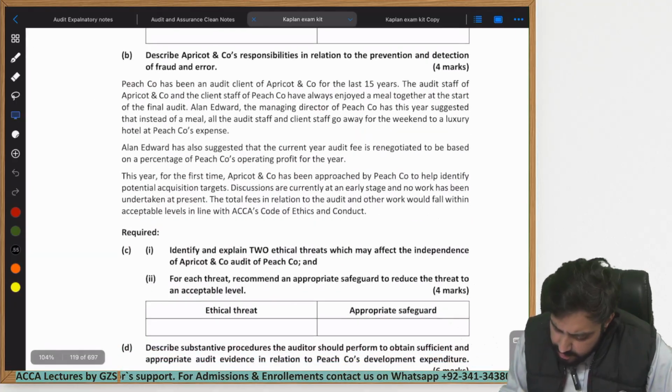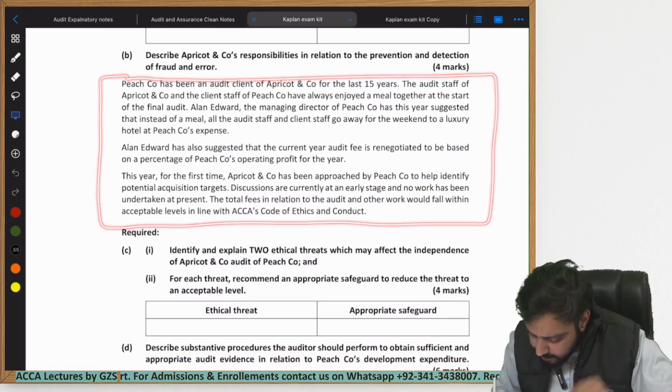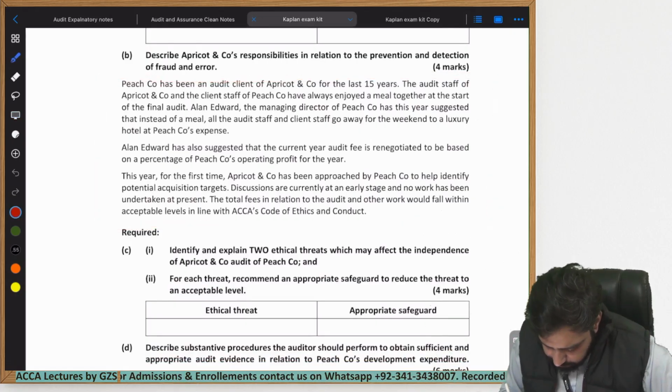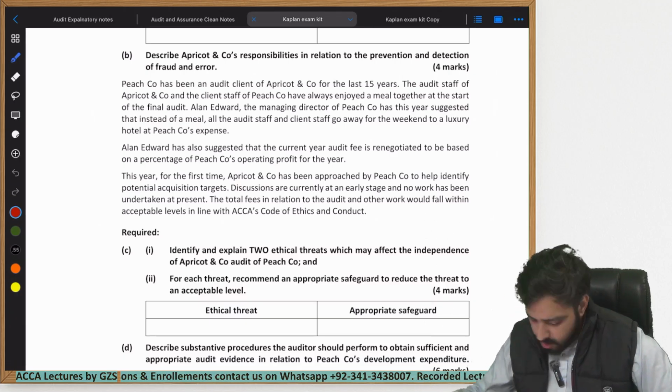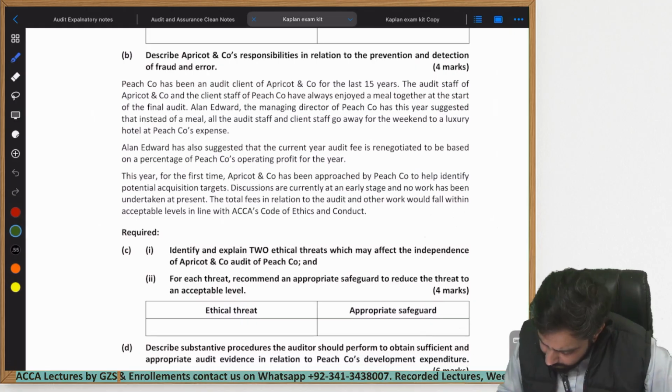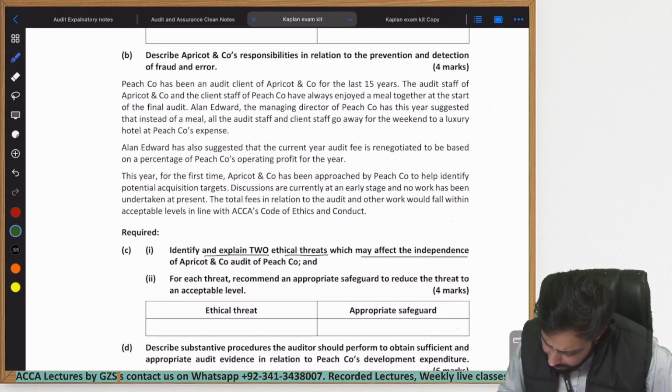Hence, my safeguards are going to be for an unlisted company. Now let's move towards the scenario which is linked with our question. Now first let's read the question. The question states, give me 1 second please. Okay, so the question states, identify and explain two ethical threats which may affect the independence of Apricot Corporation, audit of Peach Corporation.